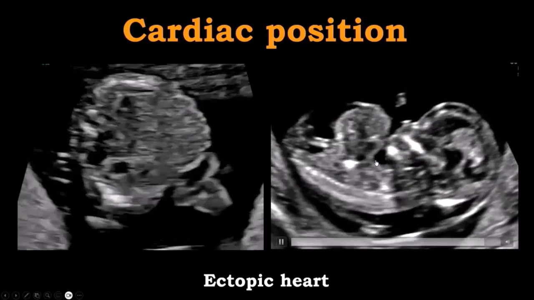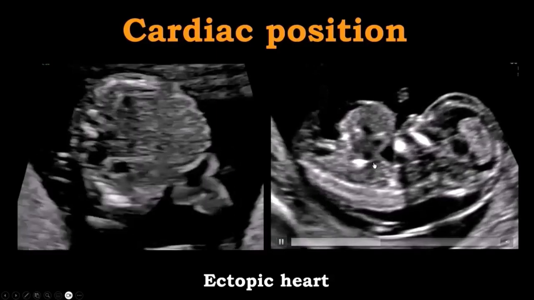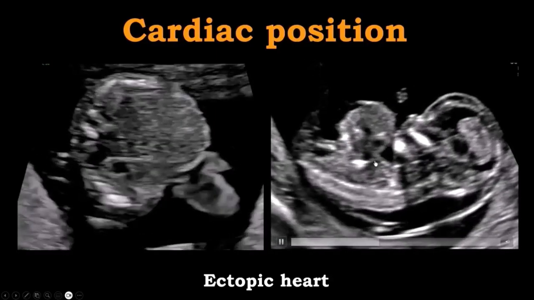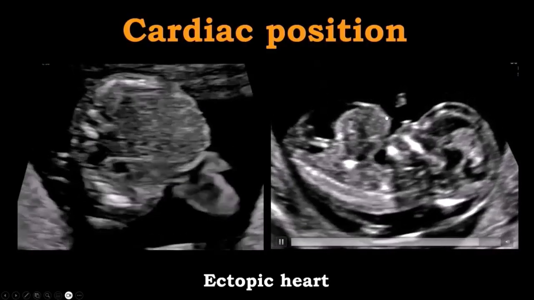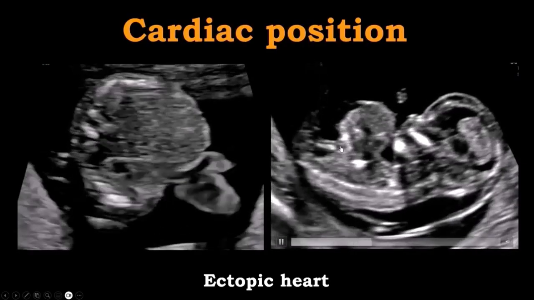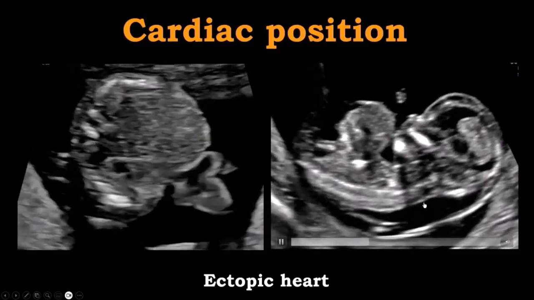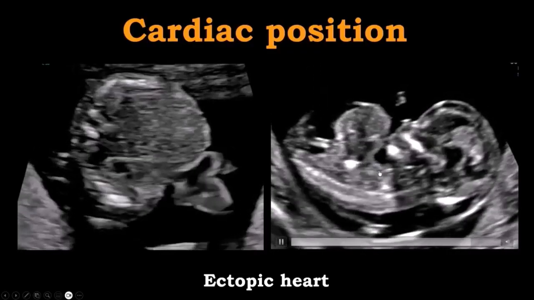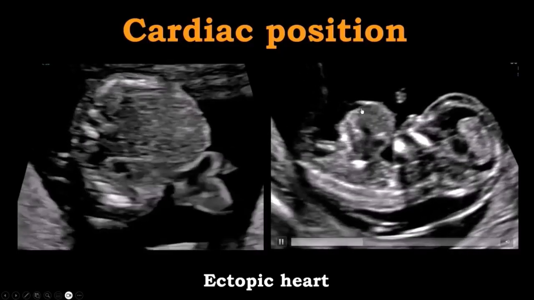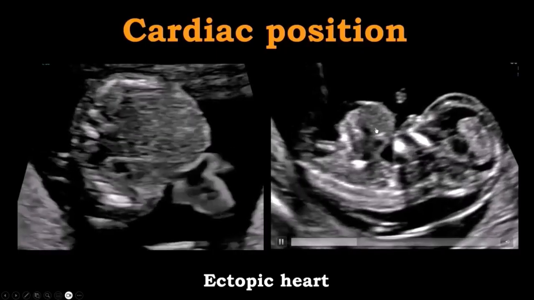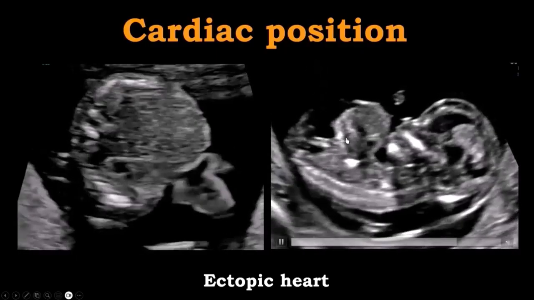This also fits pentalogy of Cantrell, but we can see that the heart also is not within the chest. It's located within the large abdominal wall defect. And also I would like to point out here that the nuchal translucency is enlarged, and that here we have the large abdominal wall defect that contains the heart, the liver, and the stomach.